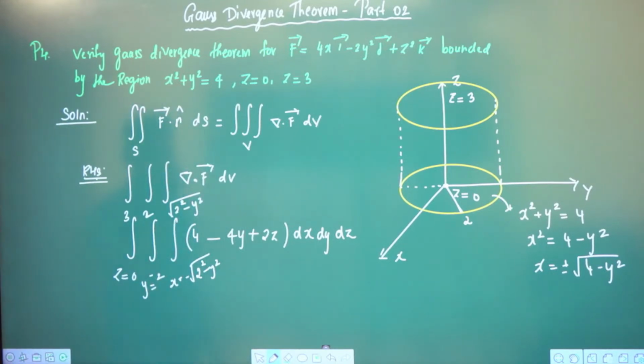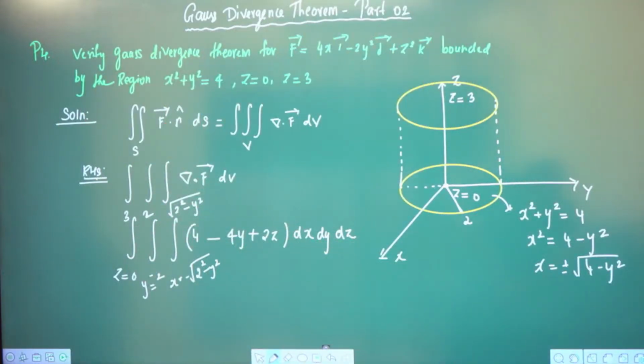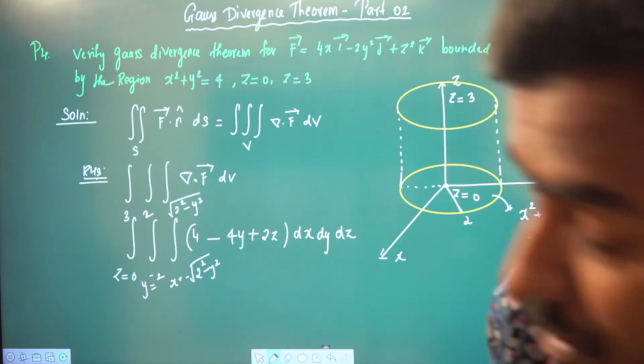Now you have to integrate this triple integral. z varies from 0 to 3, y varies from minus 2 to 2, and x varies from minus square root of 2 square minus y square to plus square root of 2 square minus y square.